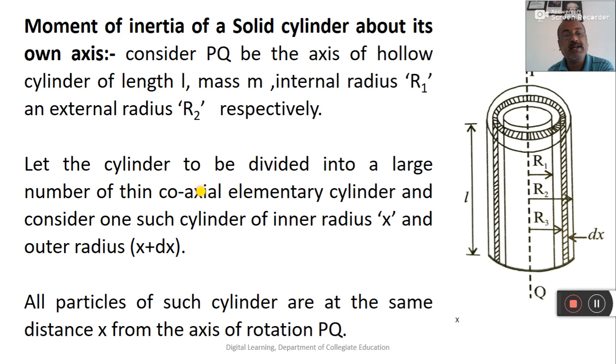Let the cylinder be divided into a large number of thin coaxial elementary cylinders, and consider one such cylinder of inner radius x and outer radius x plus dx. All the particles of such a cylinder are at the same distance x from the axis of rotation PQ.